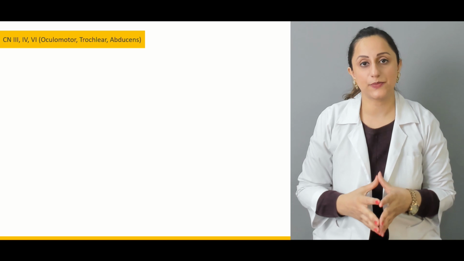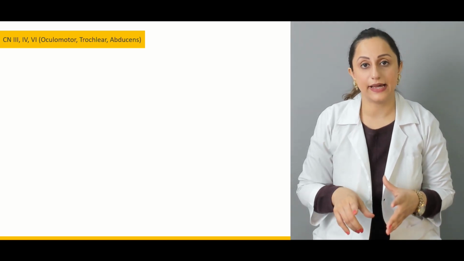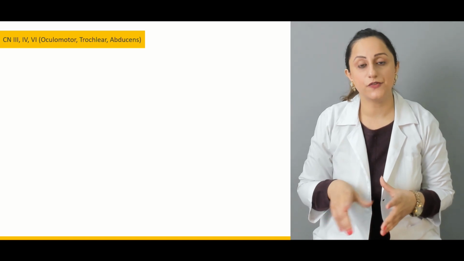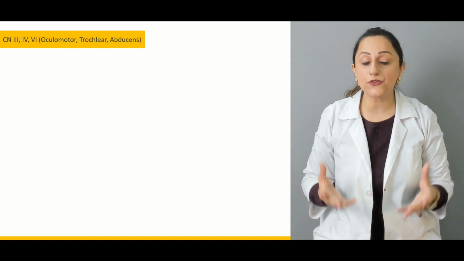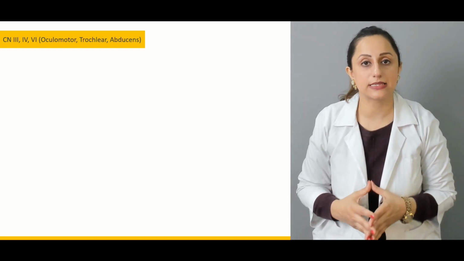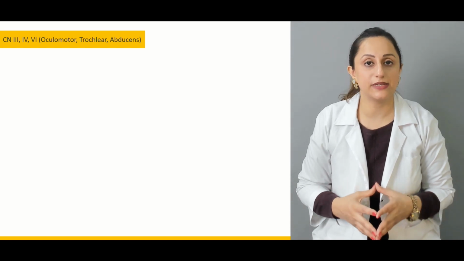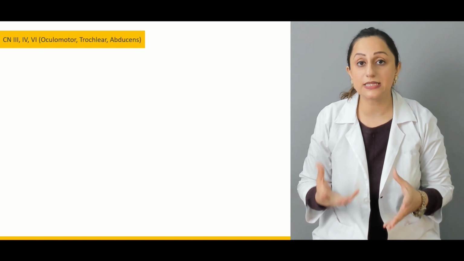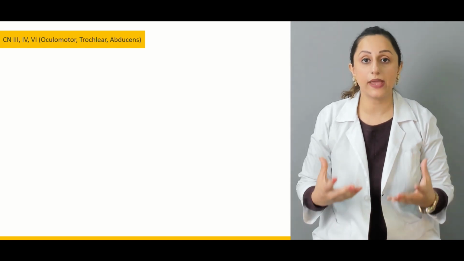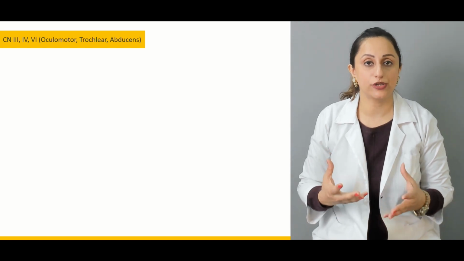Just for the exception, you have to remember that the superior oblique is supplied by the fourth cranial nerve and the lateral rectus is supplied by the sixth cranial nerve. Apart from that, all of the recti muscles and the inferior oblique muscle are collectively supplied by the oculomotor nerve. So this is the general way how you remember the innervation to the extraocular muscles.